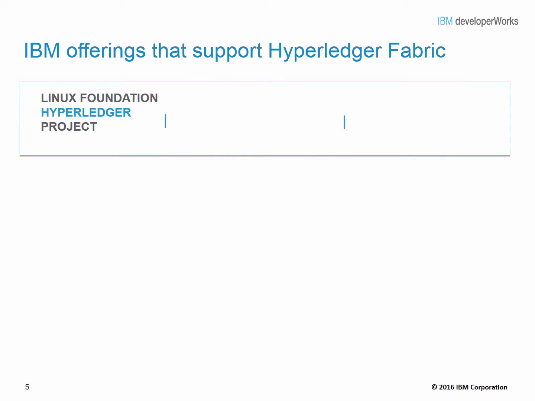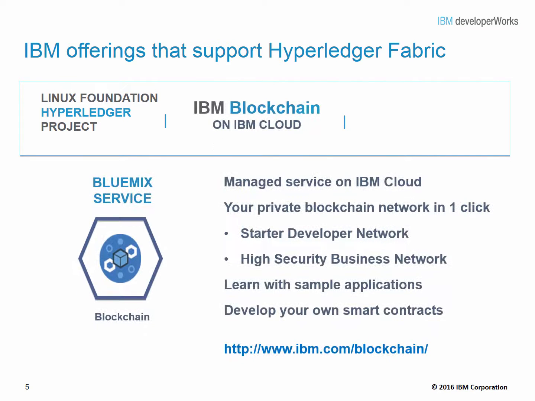This slide will provide a summary of IBM's current blockchain activities and offerings around the Hyperledger Fabric. IBM continues to be an active contributor to the Hyperledger project codebase. IBM's submission for Hyperledger Fabric is available from GitHub and also on Docker Hub. IBM offers developers a one-click private blockchain network through the IBM Bluemix platform. By using this private blockchain as a service, developers can learn how to build their own sample applications and develop their own smart contracts.